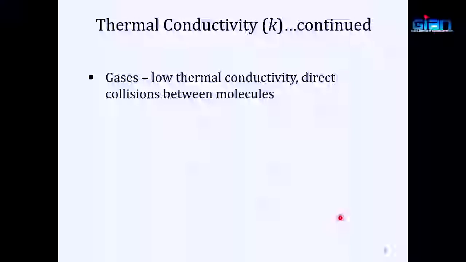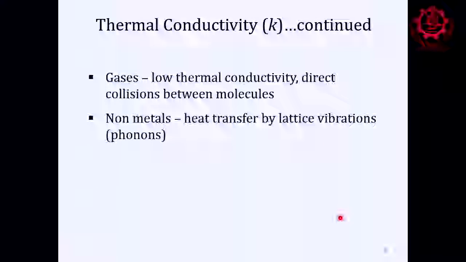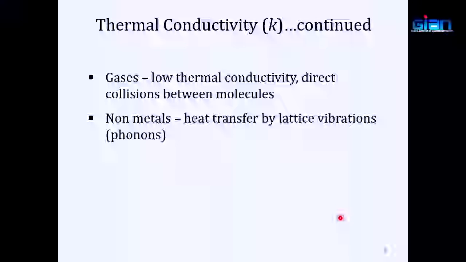And thermal conductivity for gases, as you all know, is very low. Why is it low? Because the molecules are far apart, so they really have to travel and touch each other to give the energy. In the case of non-metals, the heat transfer is by lattice vibration, which is also known as phonons.